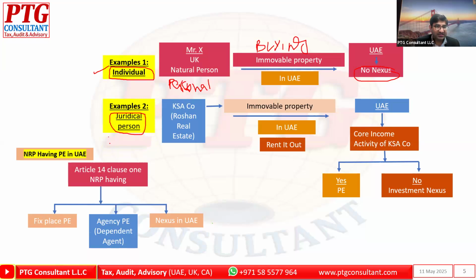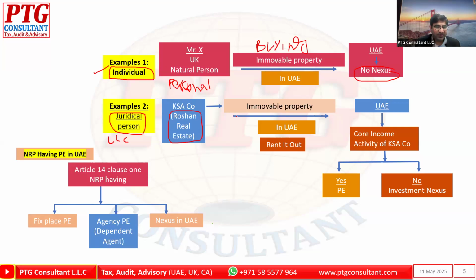Juridical person, we already understand, mostly familiar with LLC. Saudi Arabia, KSA, Roshan Real Estate. This is one of the real estate developers or real estate companies who have many activities, but the primary activity is real estate.